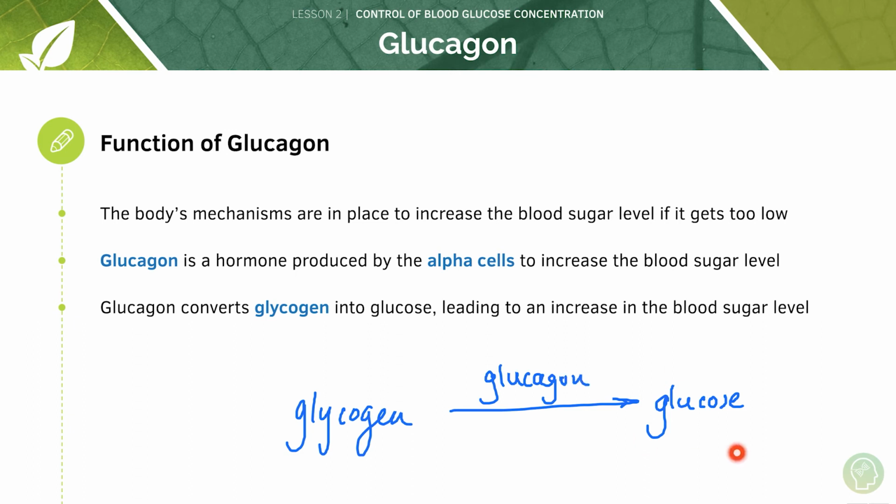Now, the way I like to remember this is that when glucose is gone, we secrete glucagon to break down glycogen into glucose. So when there's very little glucose in the blood, or when glucose is gone, we secrete glucagon. That's how I remember.